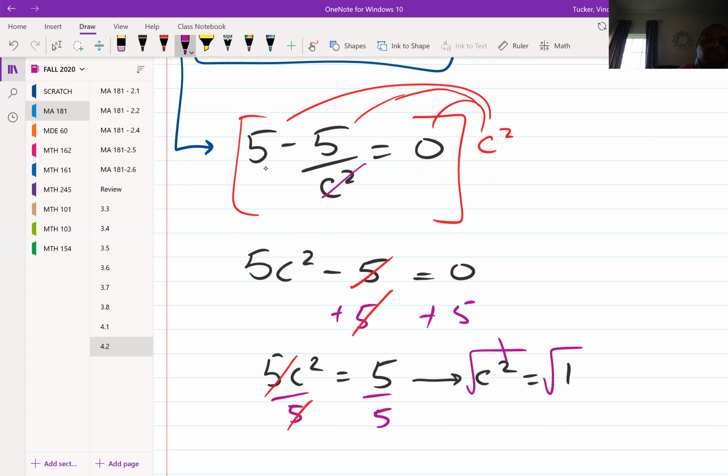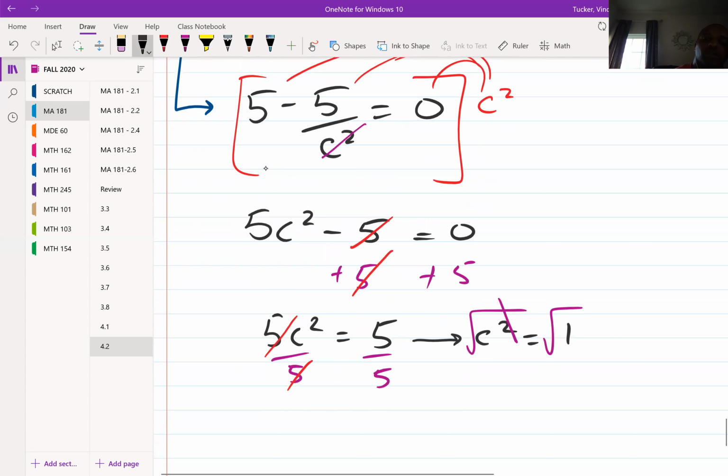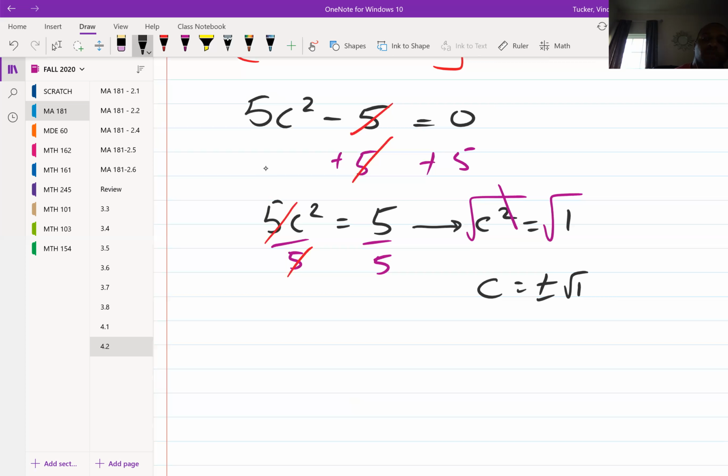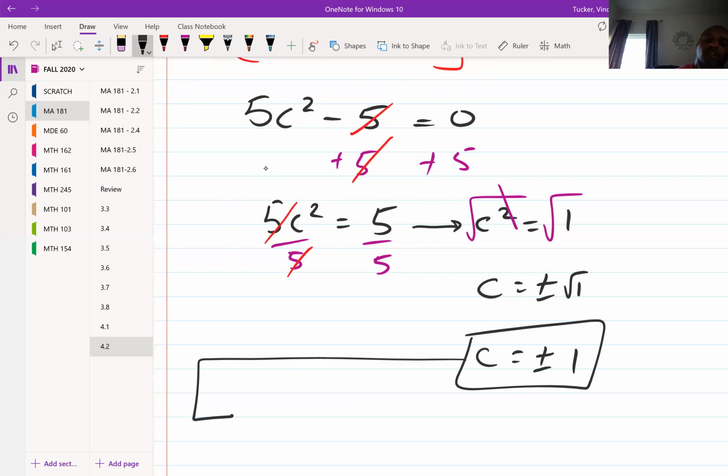Square root. C is equal to plus or minus the square root of 1. Don't forget, whenever you take the square root of both sides, you have to do plus or minus. So it's plus or minus 1. And that's what we have here.